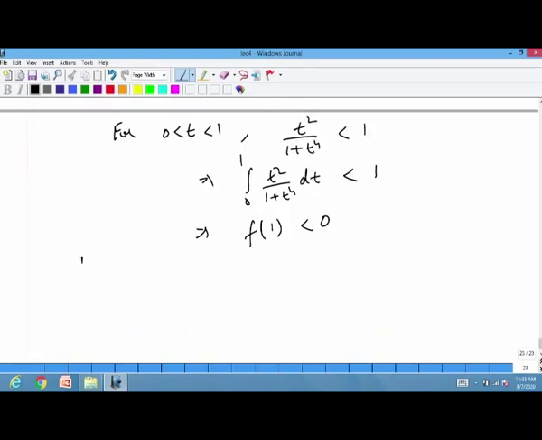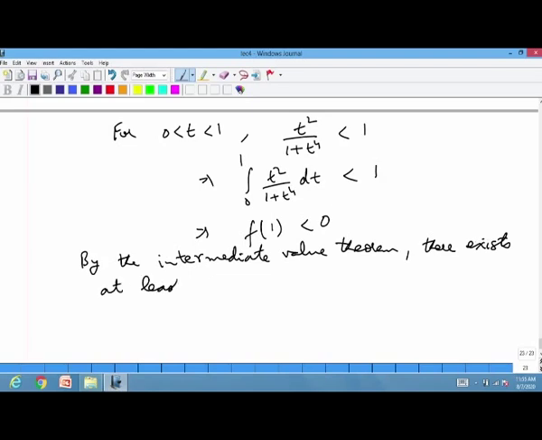So, by the intermediate value theorem, for a continuous function, we know that there exists at least one x in the interval 0 to 1 for which f(x) is equal to 0.